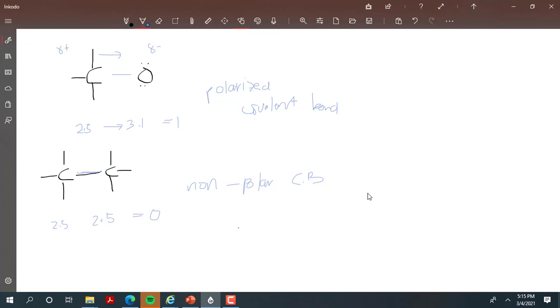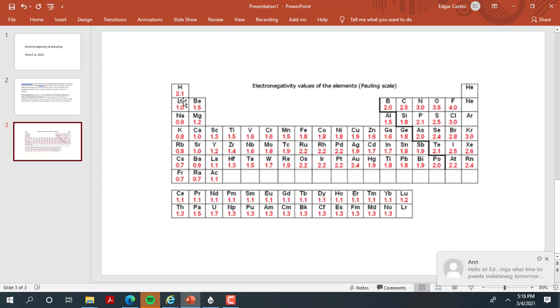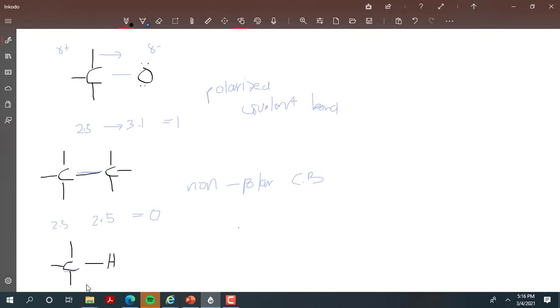We have another example here. What if we have a carbon atom with, for example, hydrogen? As we know, carbon has 4 valence electrons, and they form a covalent bond with hydrogen. By looking at the Pauling scale, hydrogen is 2.1, and this carbon is 2.5 versus 2.1.